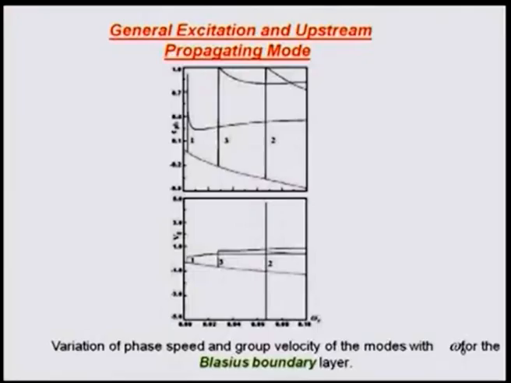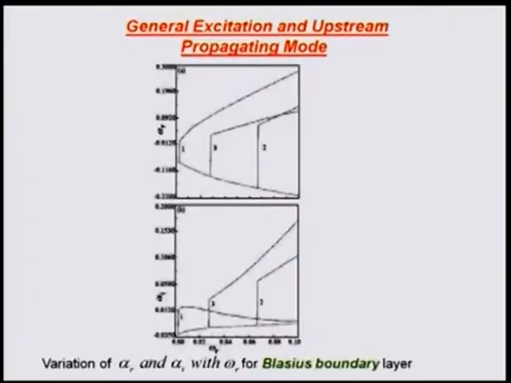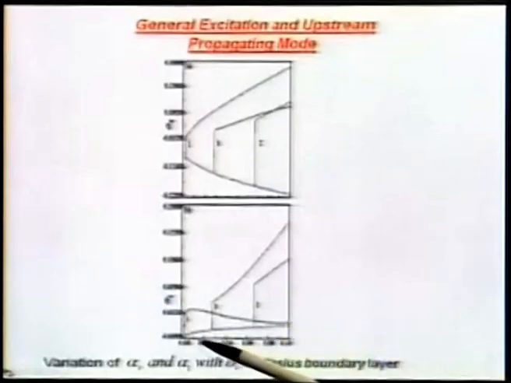Now, if you go back and look at the alpha I plot, that should really help you understand what is happening, because the alpha I for this upstream propagating mode is negative and a very large value comparatively.